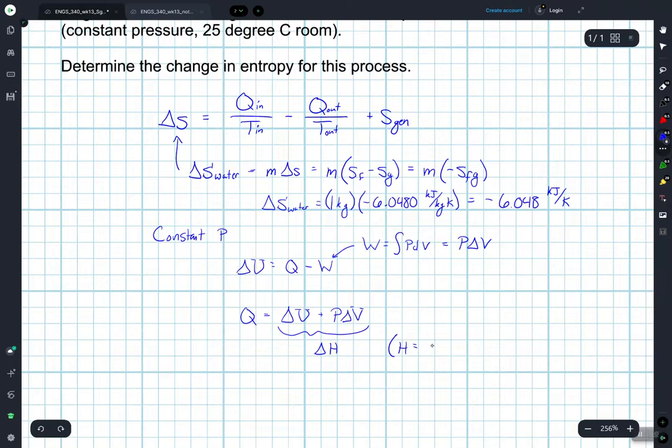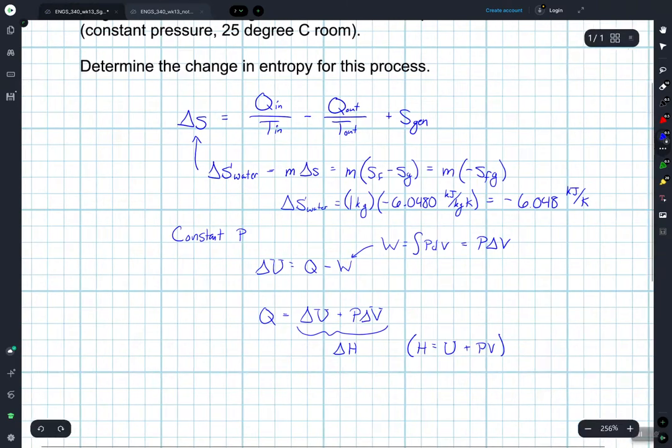H being equal to U plus the quantity PV. So that's just delta H in disguise. Okay, so how much heat we have transferring from the water into the room is equal to the change in enthalpy, H, of the water.